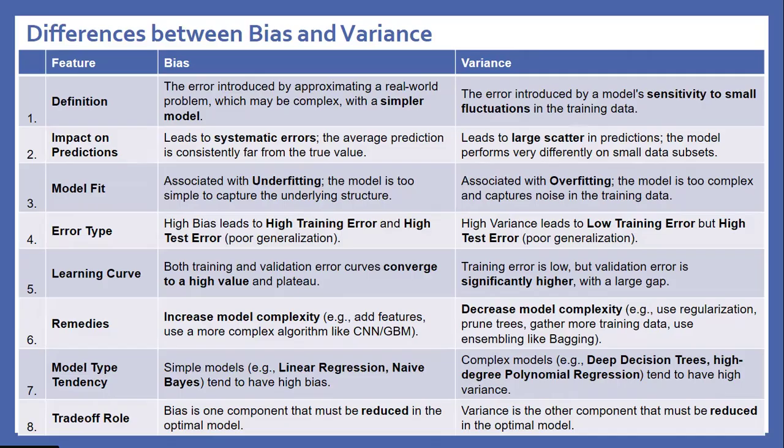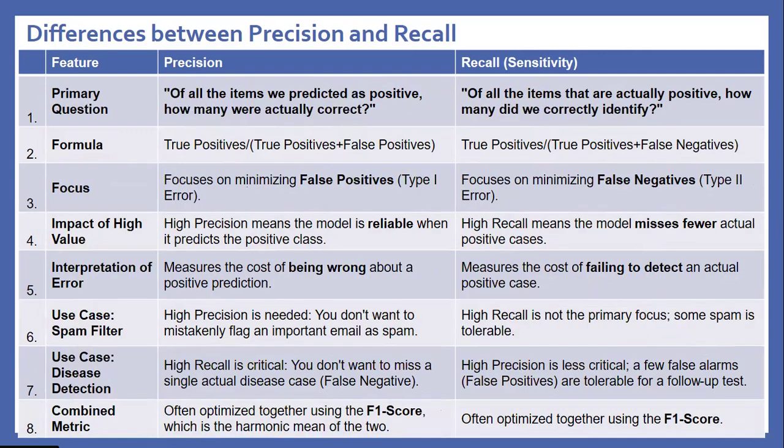Variance, complex models, example deep decision tree, high degree polynomial regression, tend to have high variance. Trade-off rule: bias is one component that must be reduced in the optimal model. Variance is the other component that must be reduced in the optimal model.